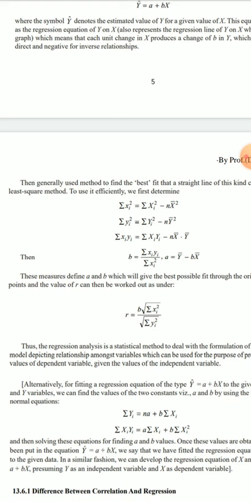The third and last difference is that correlation is a relative measure of relationship between x and y, whereas regression is an absolute measure of relationship between x and y.